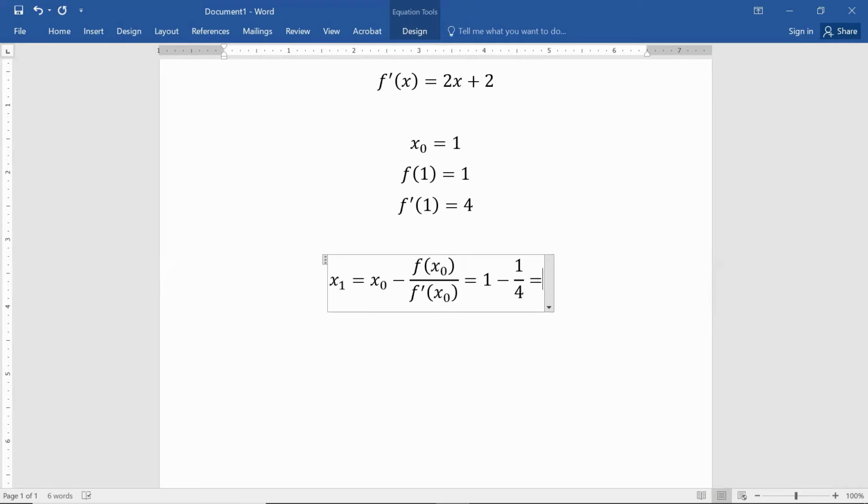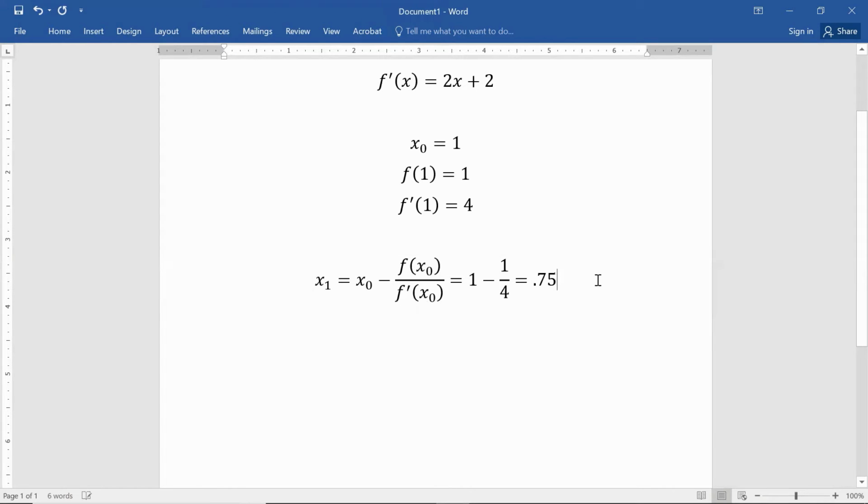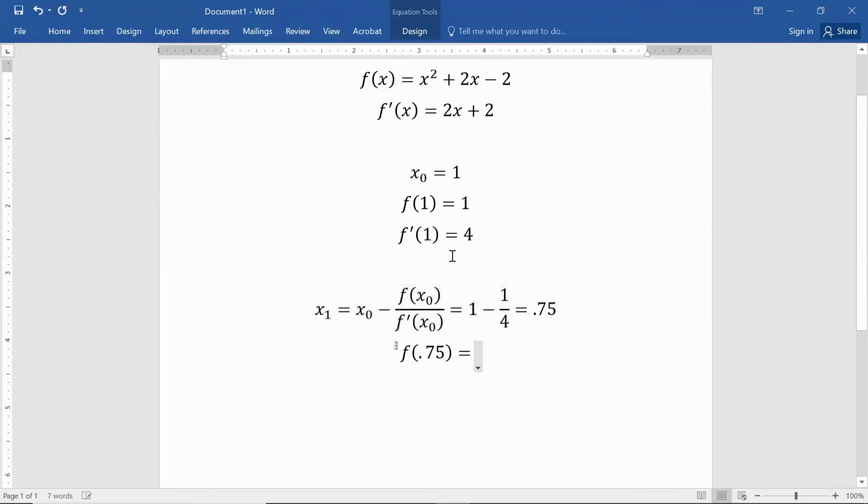So x naught and x0 mean the same thing. When I calculate my next guess, I get 0.75. Let's see if that is a root.